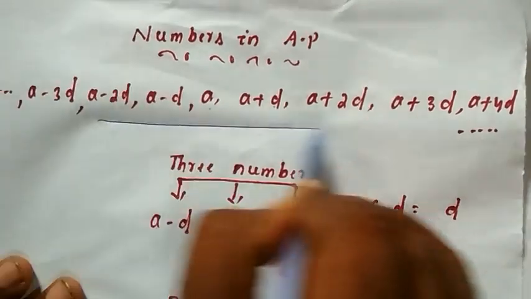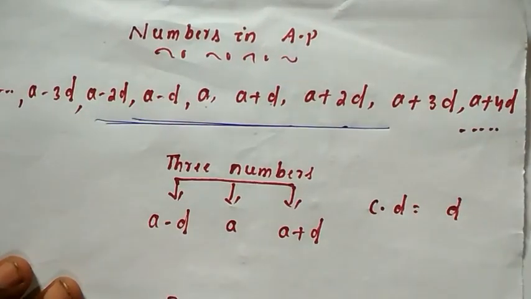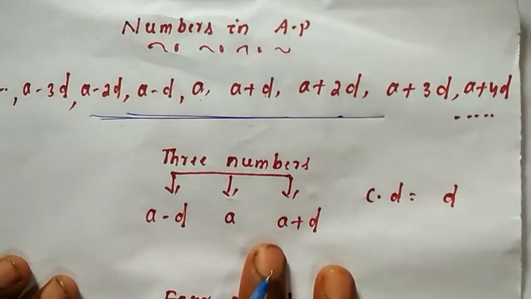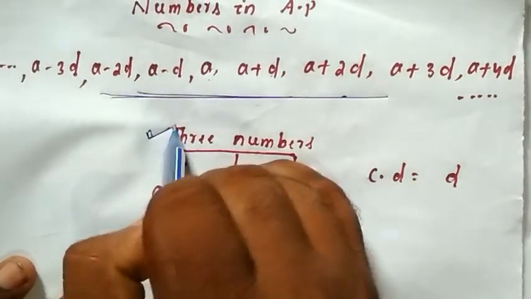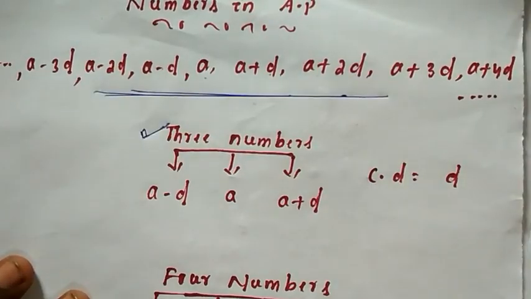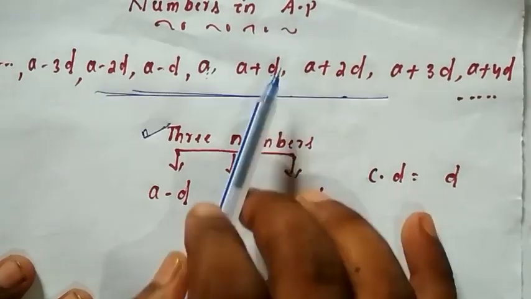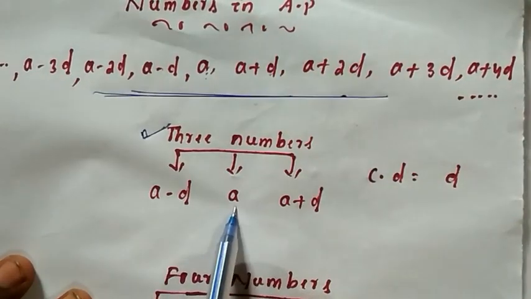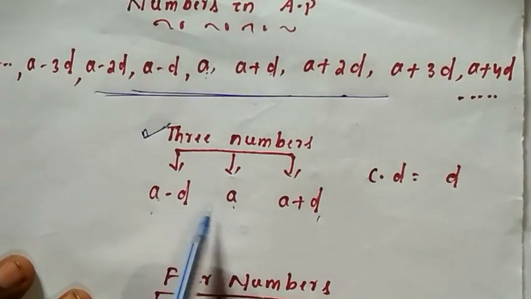In these terms, how to select the required numbers in AP? Listen students, suppose the question asks, select 3 numbers in AP. Instead of selecting a, a plus d, a plus 2d, you can take a minus d, a, a plus d.